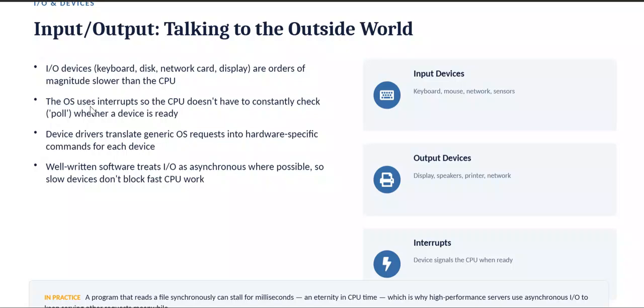The OS uses interrupts so the CPU doesn't have to constantly check whether a device is ready. Device drivers translate generic operating system requests into hardware-specific commands for each device.